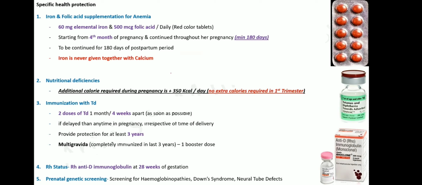Women aged 35 years and above have a higher risk of genetic abnormalities, so we have to do the screening in them.